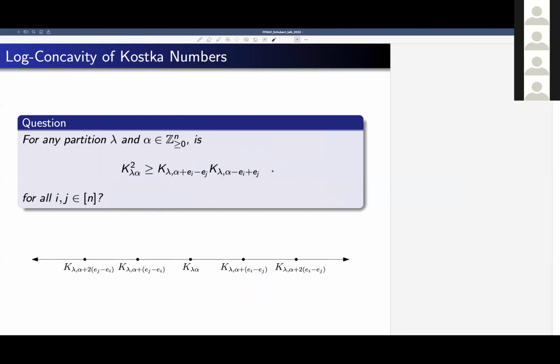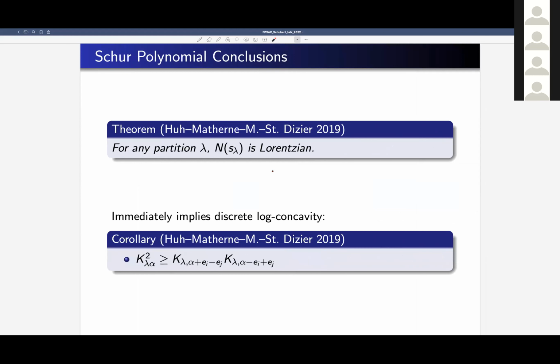So I'll just say a few words. But first I'll say that yes, this log concavity holds. This is this corollary. And later on, hopefully I'll get to this more general statement about the Lorentzianness of the normalized Schur polynomial. But the corollary that we are hitting on here is the unimodality of Kostka numbers.